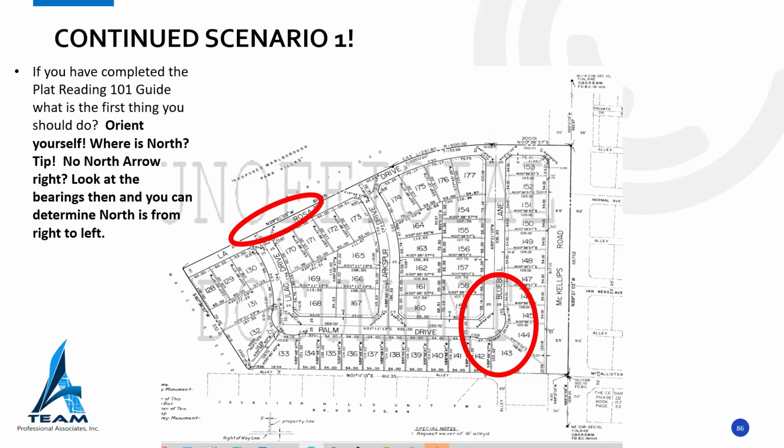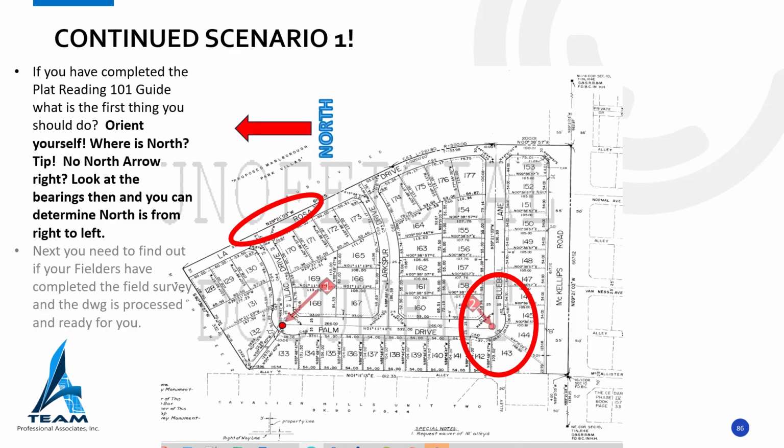And if you look at this bearing right here, north 21, 29, 21, 05 or 03, I can't really read, west, that means that north is, if you can see my cursor, going strictly like this. So that's a little hint. All right, so continuing on. There's the north arrow. There you go.